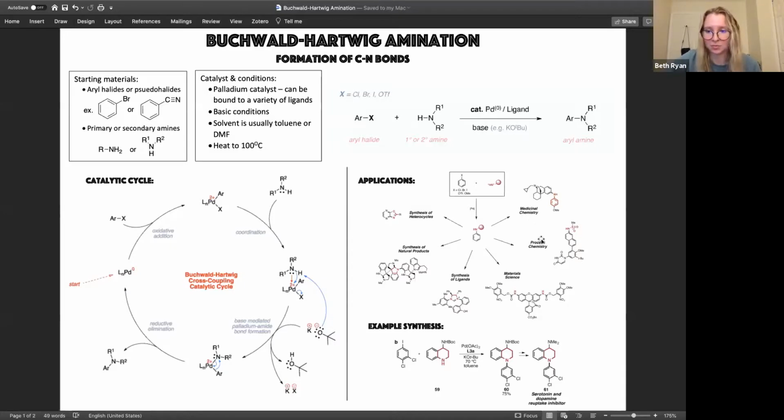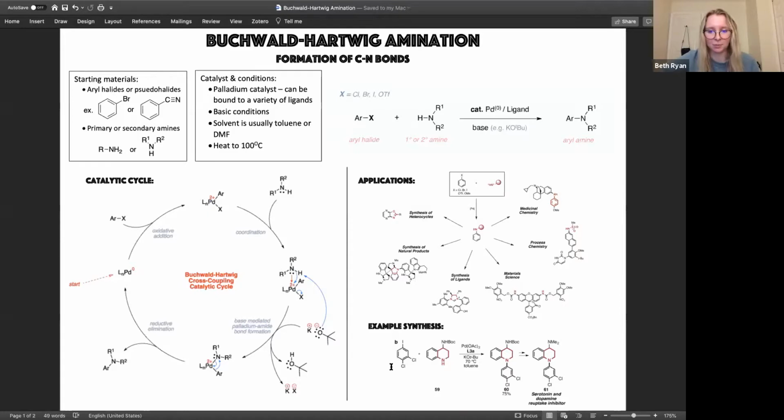So here's medicinal chemistry. Process chemistry is optimizing the procedures to make compounds for drug development. Material science, synthesis of the ligands themselves, which is interesting. So you can use this reaction to actually make ligands for further reactions. Natural products and heterocycles, which is like an extra step.